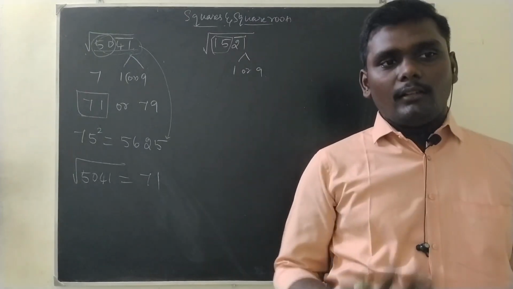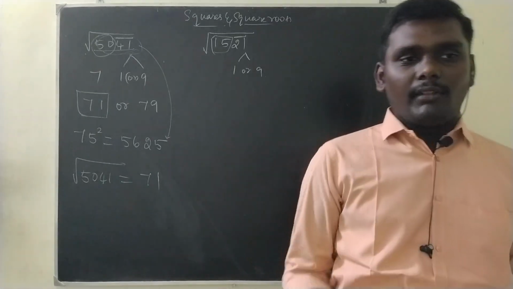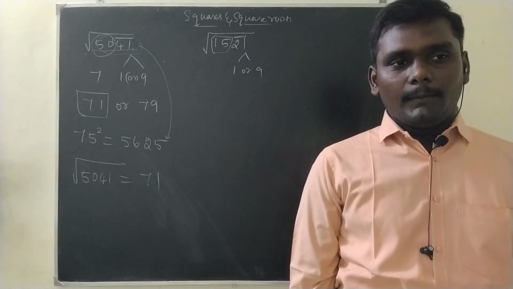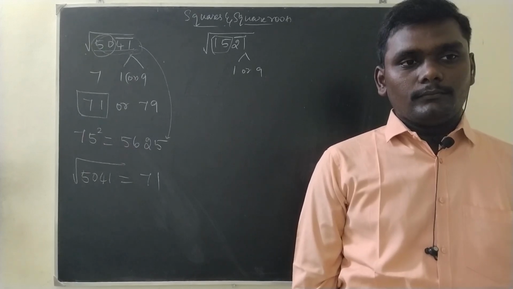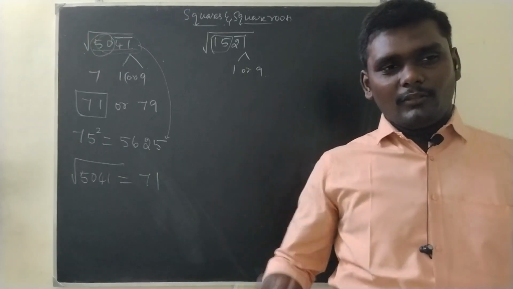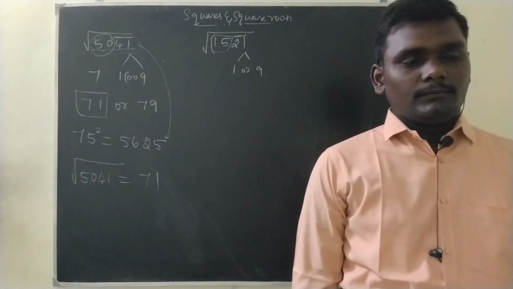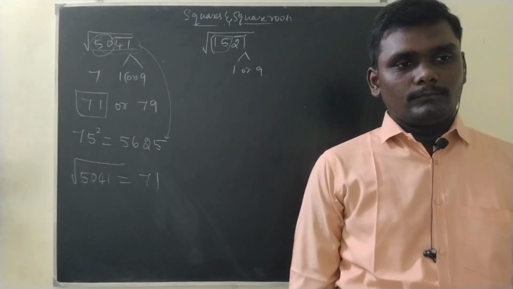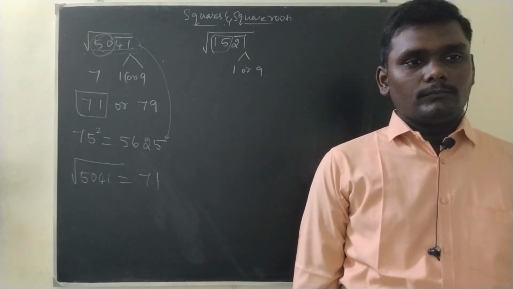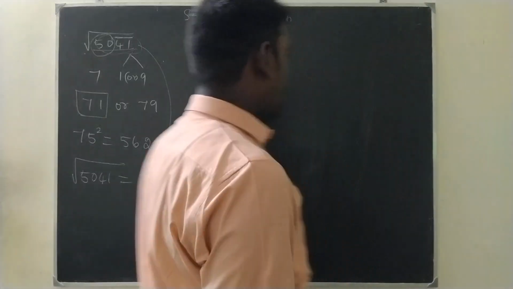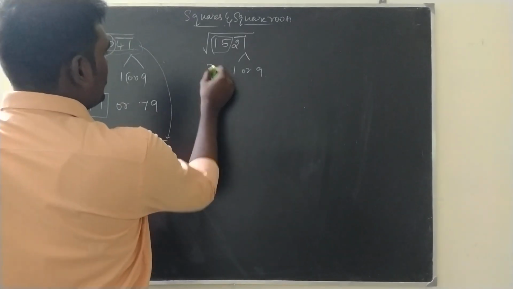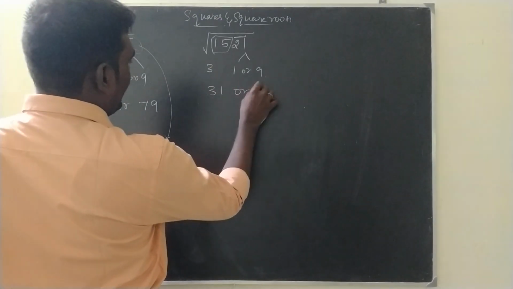A perfect square which is less than 15. You think of a number less than 15, same way, 1 square, 2 square, and so on. Three. So our answer is 31 or 39.